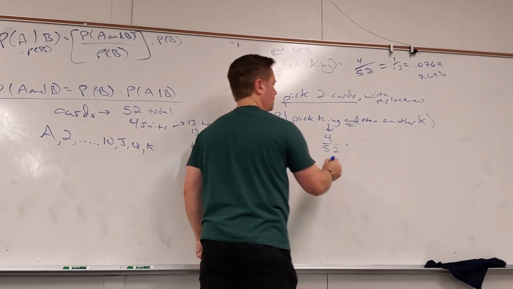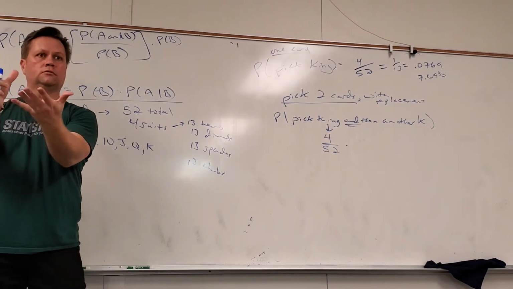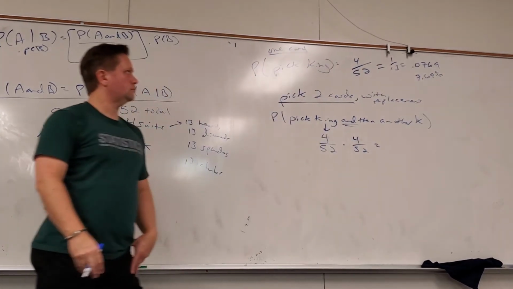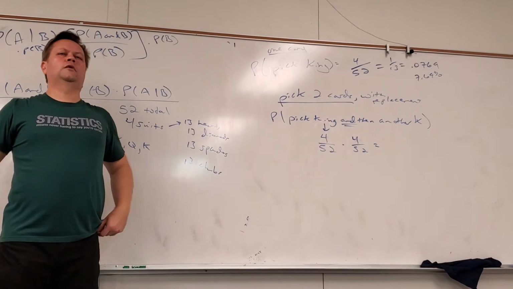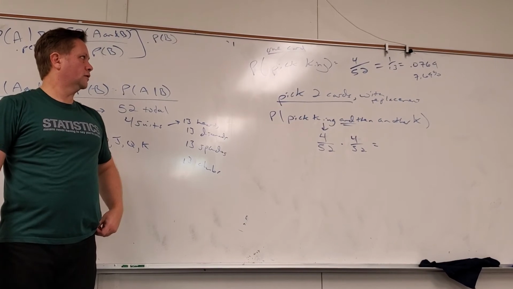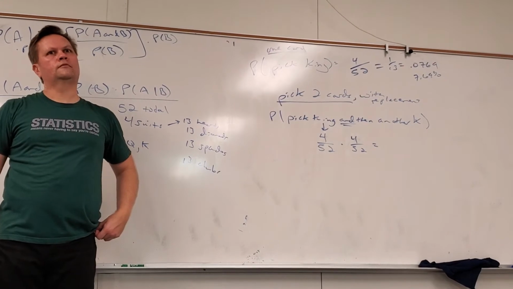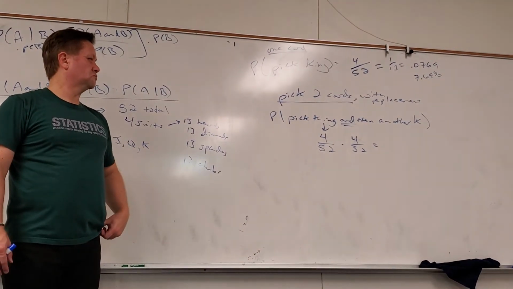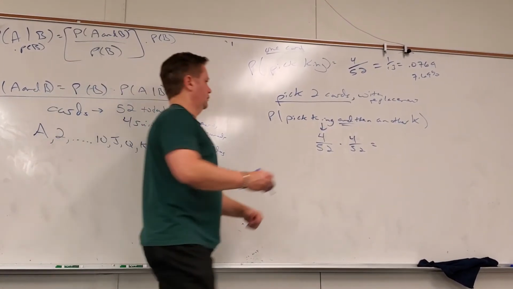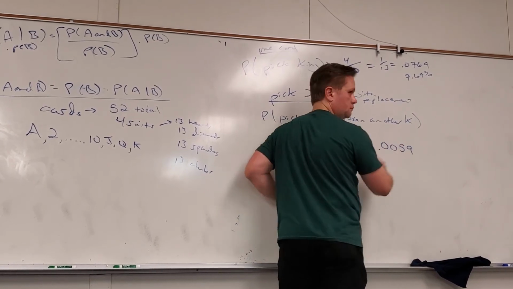What's the probability the next card's a king? Still 4 out of 52. It's 0.0059.